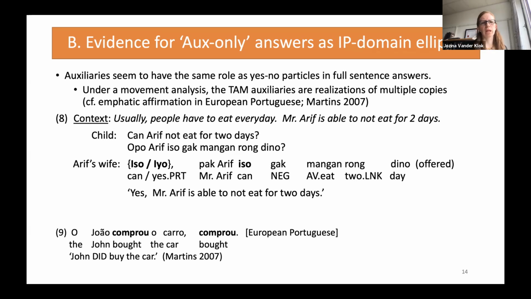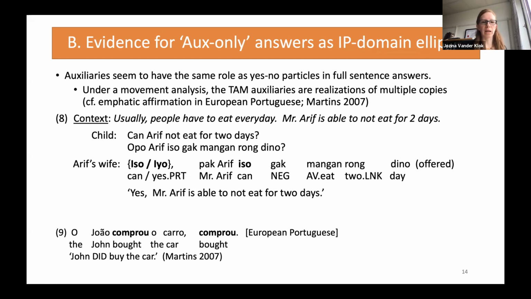So in an example in 8, in answer to the question, can Arif not eat for 2 days? Arif's wife responds, Iso, pa Arif iso gat mangan rong dino. So yes, Mr. Arif is able to not eat for 2 days. And so here we can see that the modal can be repeated, and it is in complementary distribution with the yes/no particle.